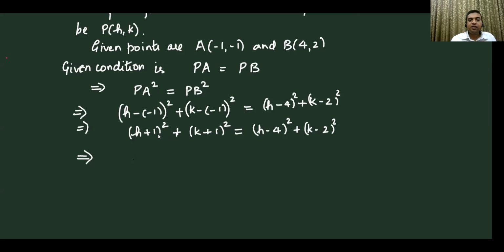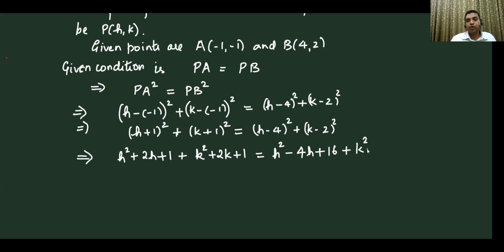A plus b whole square. So it is h square plus 2h plus 1 plus k square plus 2k plus 1 is equal to h square minus 4h plus 16 plus k square minus 4k plus 4.